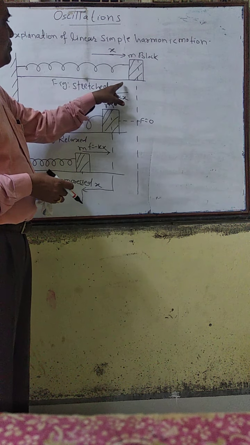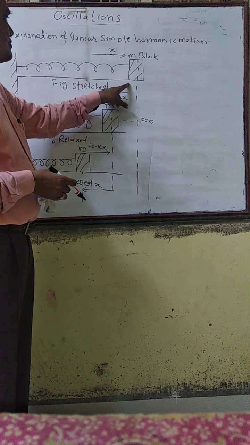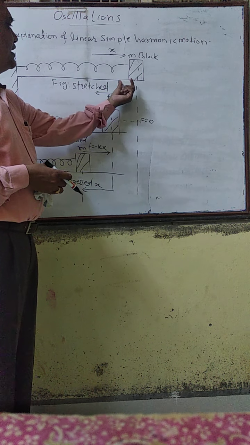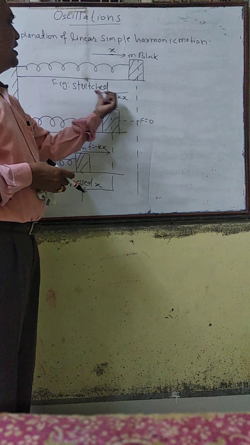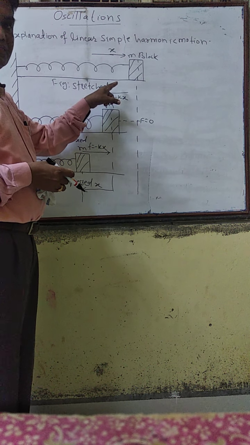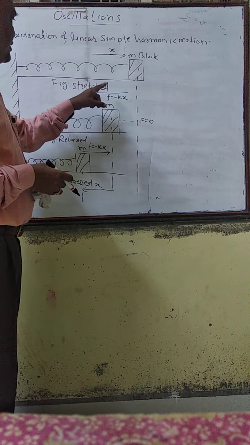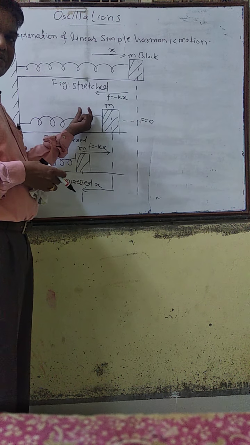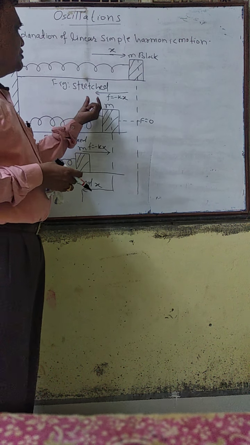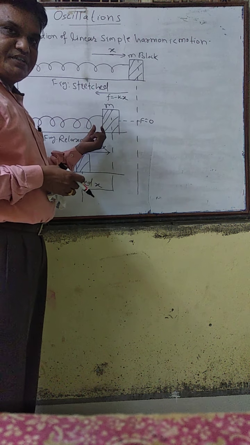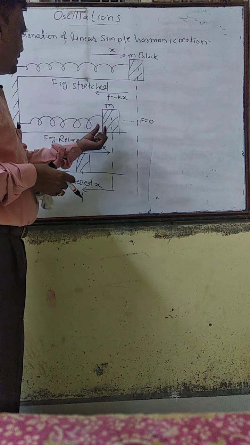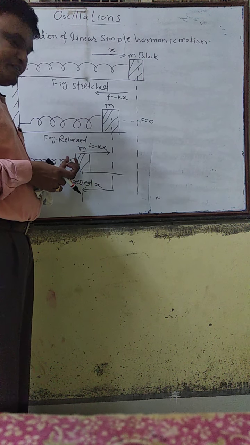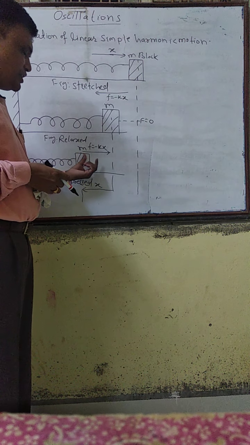Because when the block is at this position, the force F acts on the block towards the left due to the spring, and therefore the block moves towards the mean position. When the block comes to the mean position, again it will move towards the left and compress the spring due to the restoring force.